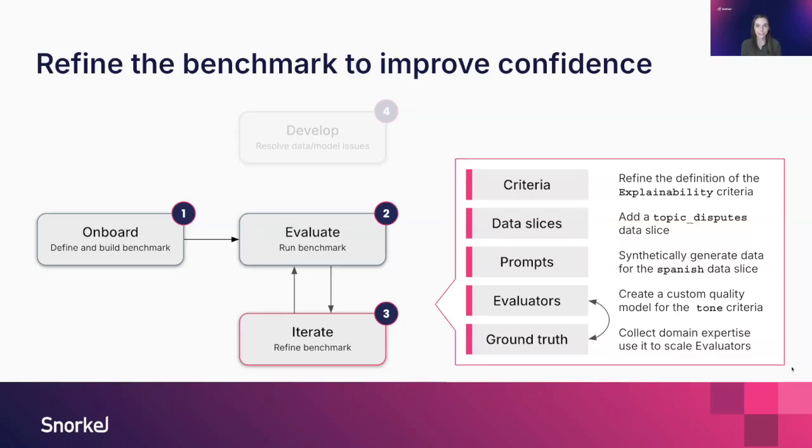Because of this, your subject matter expert time can be very focused, very impactful, exactly where you need it to progress. And those labels can be scaled up programmatically now from the evaluators. So once you get those evaluators set, you won't have to keep coming back to your subject matter experts and using their valuable time.